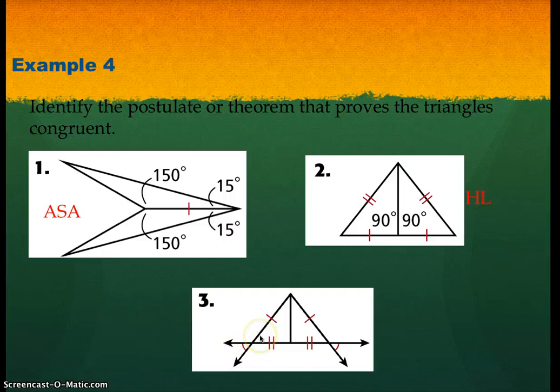So I have a pair of vertical angles here and another pair of vertical angles here. So actually the angles on the inside of the triangle right here end up being equal. So if I use that angle, I could say side, angle, side. So there's two different ways I could say that one as well.